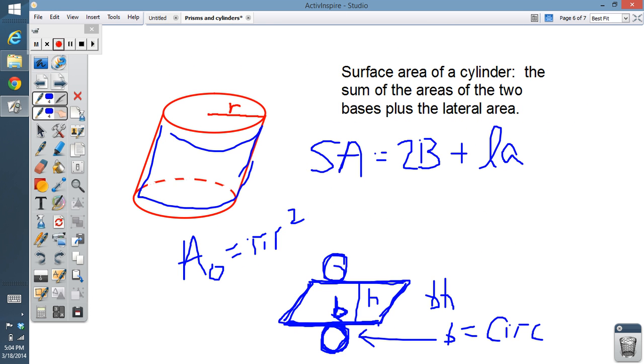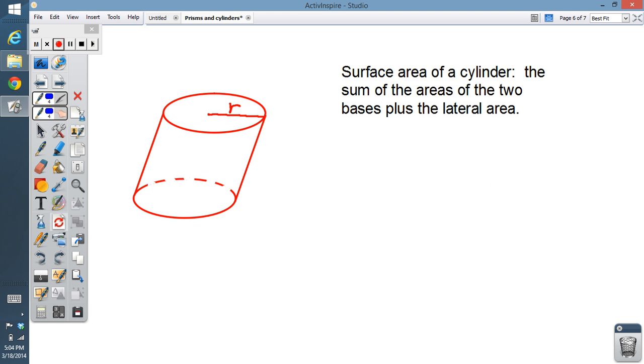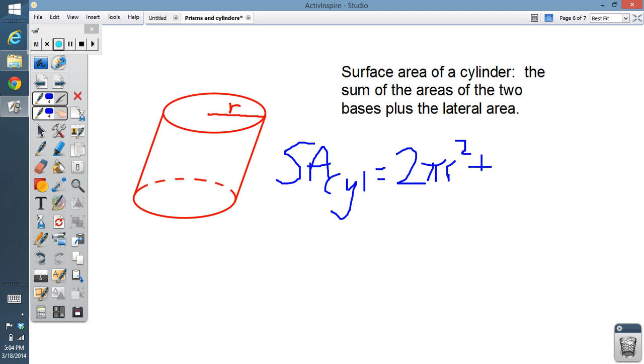Now, we're going to realize that the lateral area, in this case, is the circumference times the height, which boils us down to a nice simple equation that the surface area of a cylinder is equal to 2 pi r squared for the 2 bases plus the circumference 2 pi r times the height.